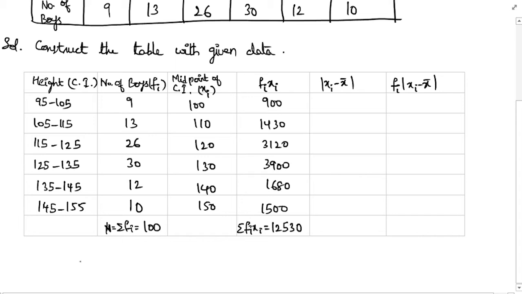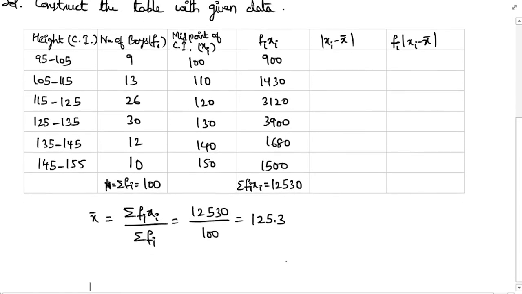Now we'll find the x bar value. We know that x bar is equal to the summation of fi xi divided by the summation of fi, that is 12,530 divided by 100, which is equal to 125.3.